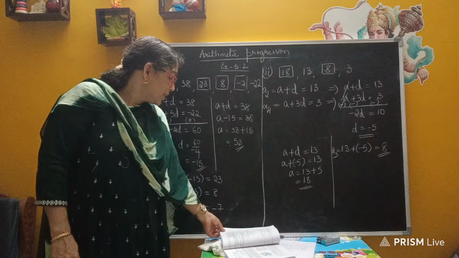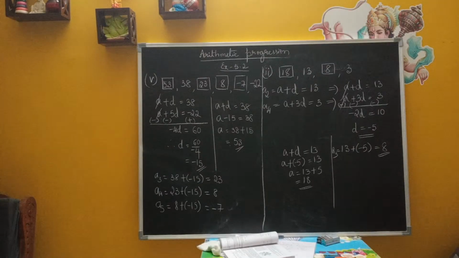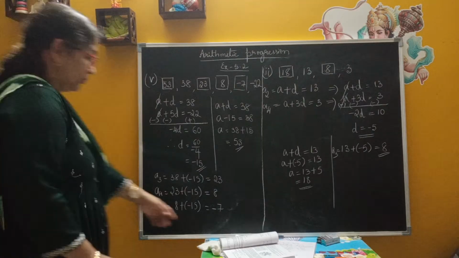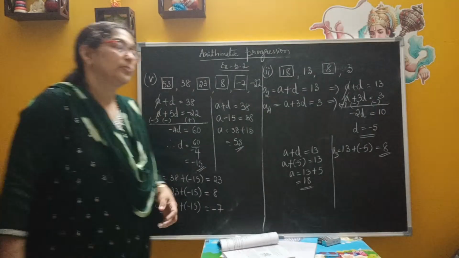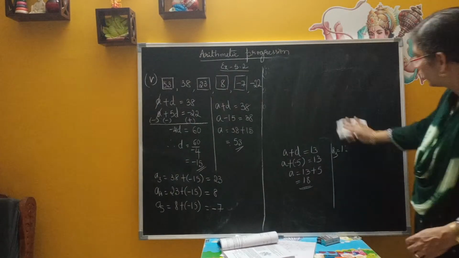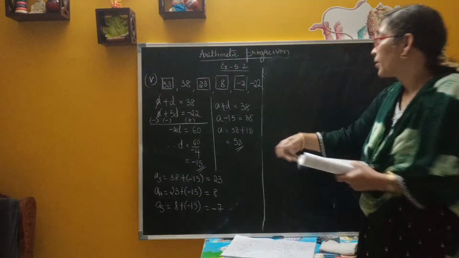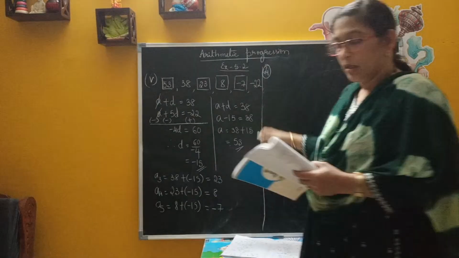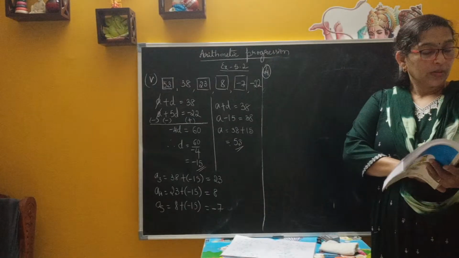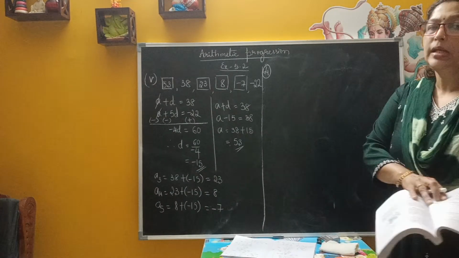Okay, now let us go with the next main, that is the fourth main. The fourth question is, which term of the AP 3, 8, 13, 18, etc. is 78?